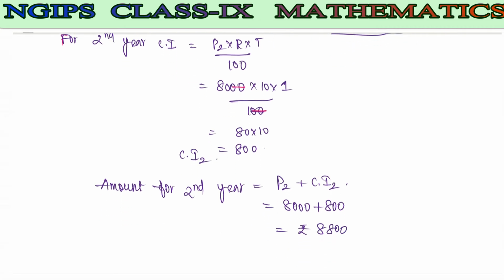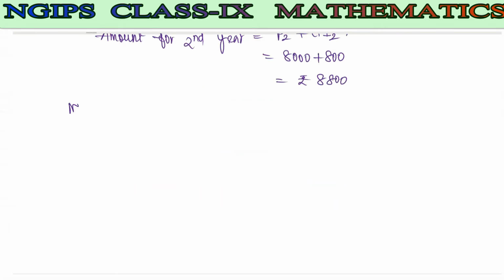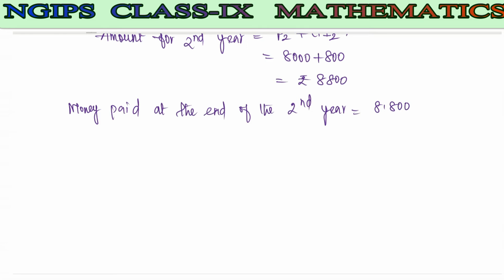Now we need to calculate the money left at the end of the second year, which is, from 8,800 we need to subtract 30% of the sum, that is 3,000 rupees.